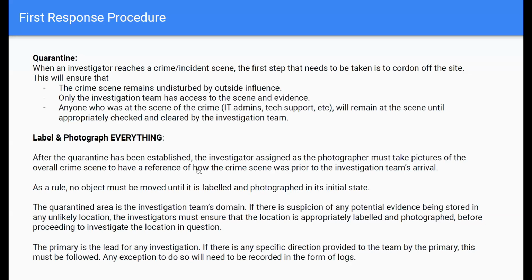So if a chair is in one position, then that photograph would tell you that that chair was in that position when people entered, but then it has been moved to another location at the end of the investigation.